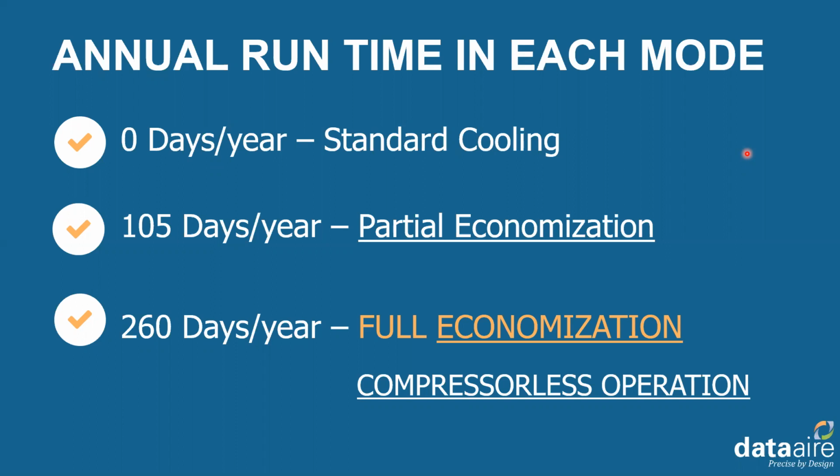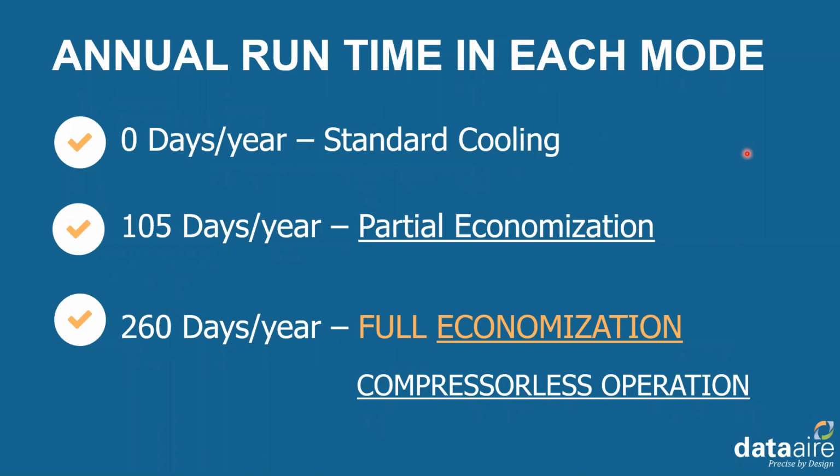So you might say about now that this is great, but this job is in LA, and LA has perfect weather for a waterside economizer, and you may be wondering how this will work in other locations that are hot and dry or hot and humid.